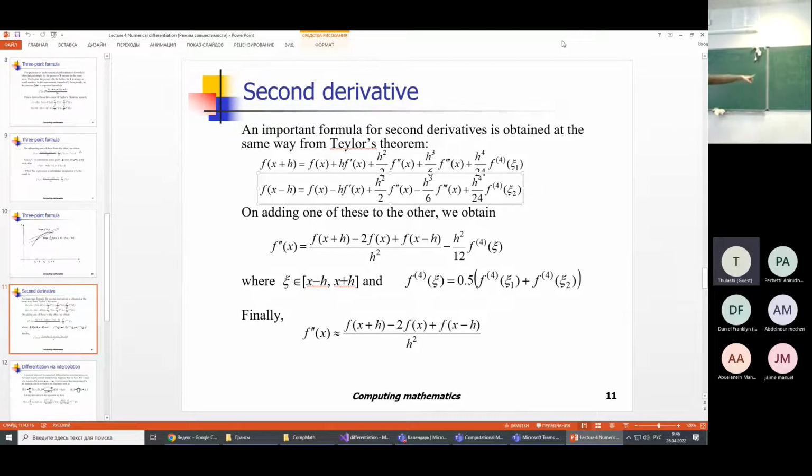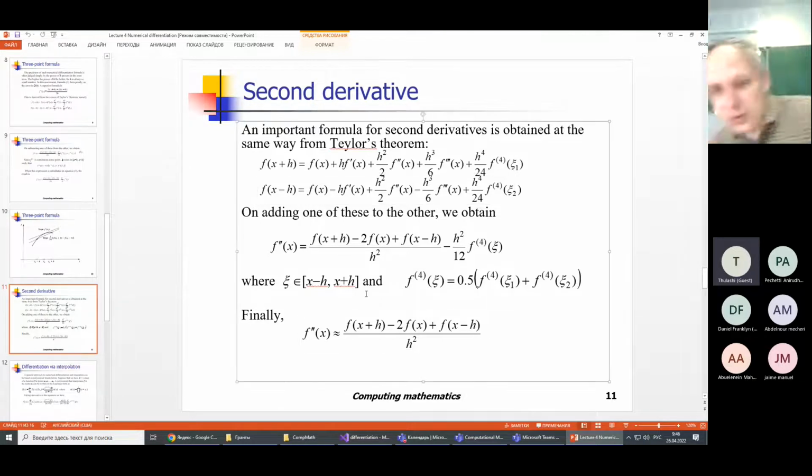Well, now we know the real value and we can compare it with the estimation that can be computed using this formula. Let me mark it with a star.